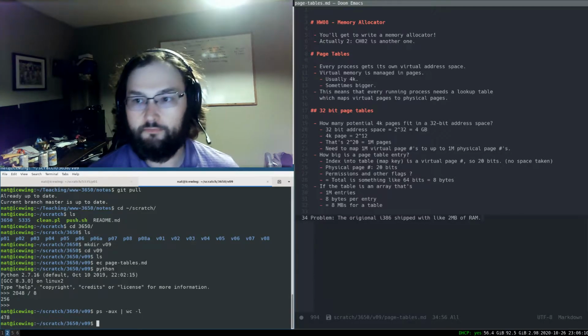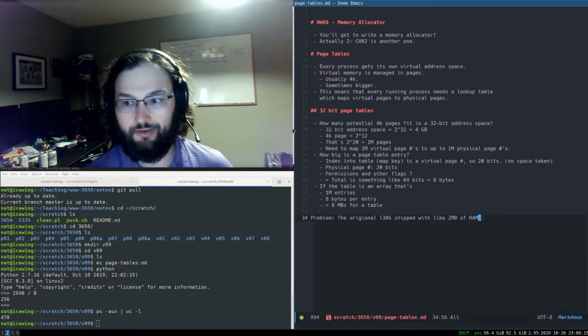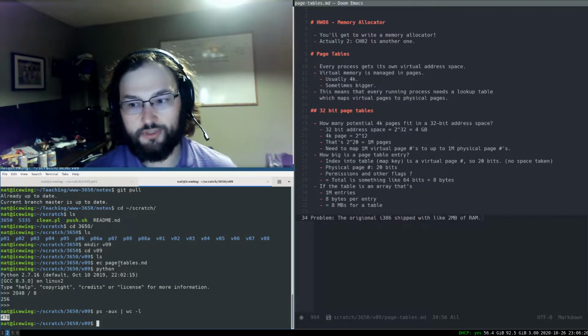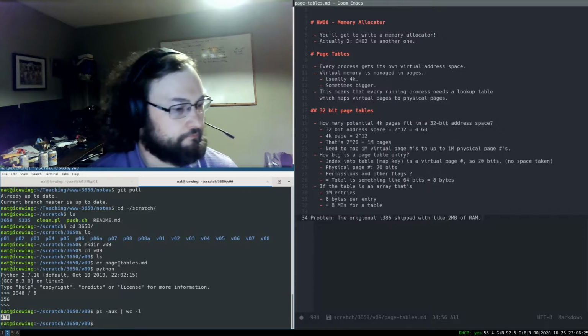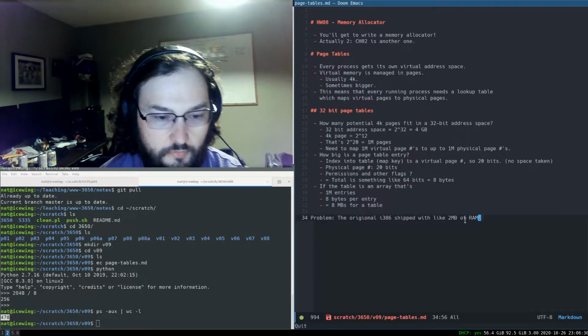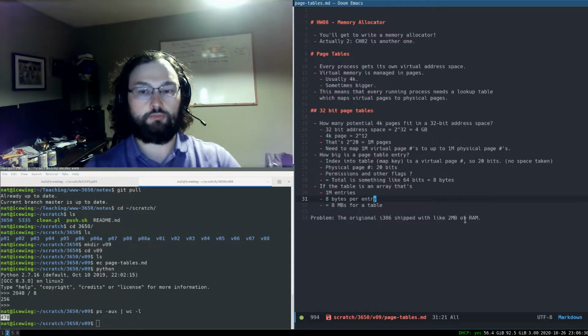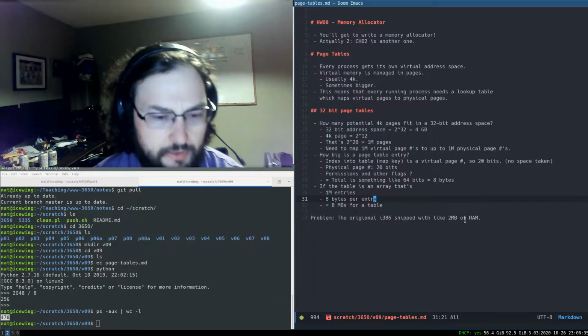I probably have web browsers in the background, and you can see a terminal window and Emacs here. But getting to 478 is pretty easy. I'm not even running a full desktop environment here. So clearly we can't actually have 8 megs of just bookkeeping overhead for translating virtual memory for every single process.